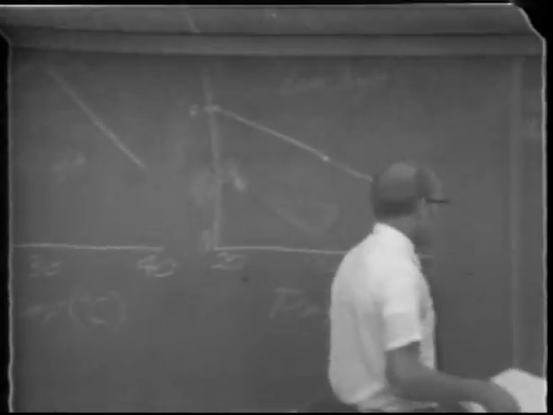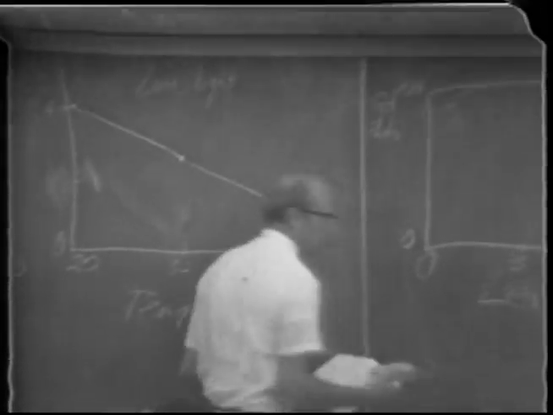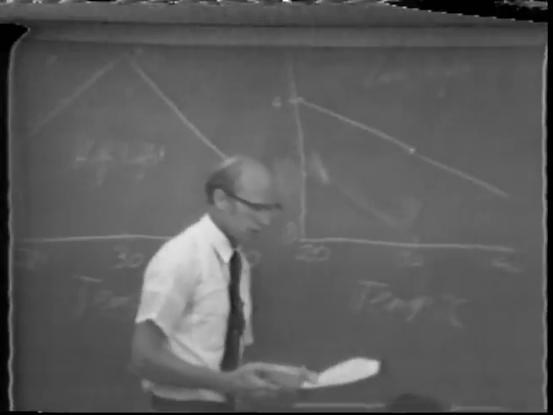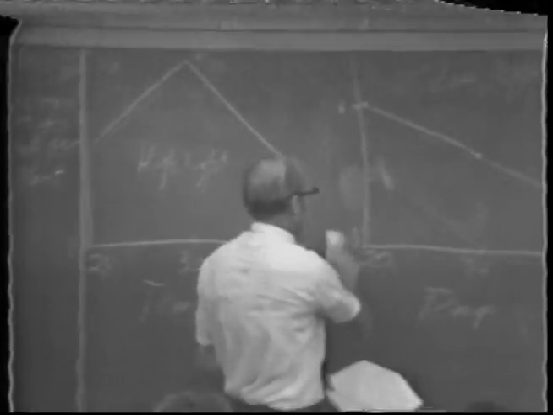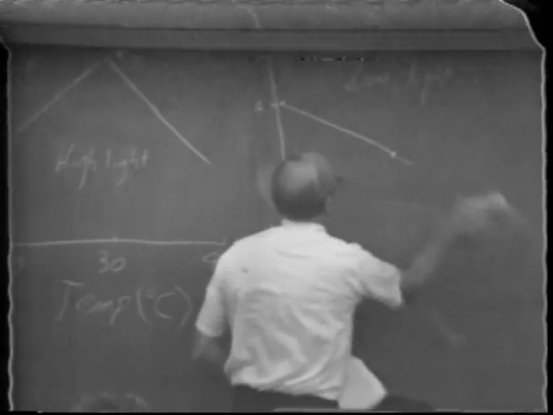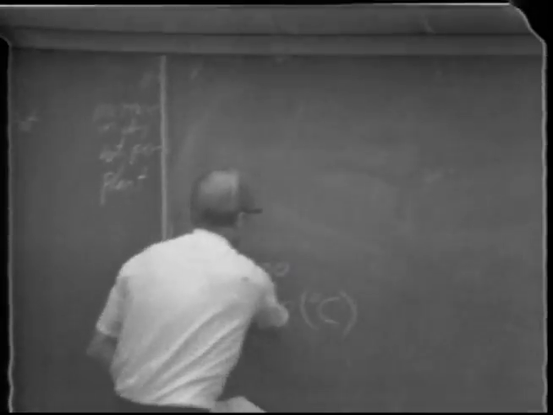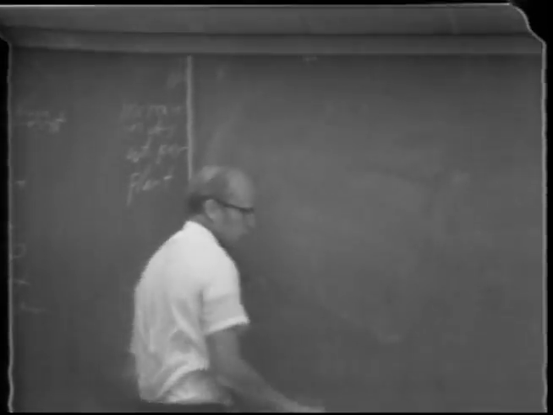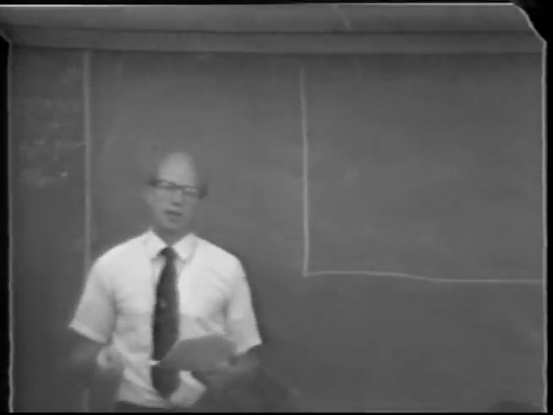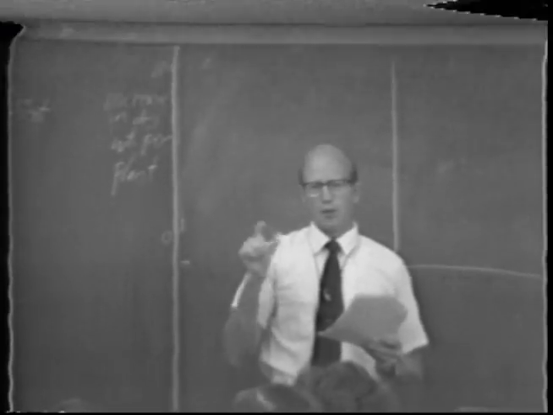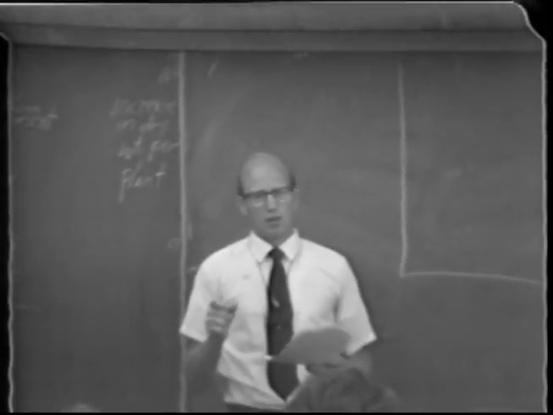Okay, let's then talk about the effect of leaf age on photosynthesis. This is on your handout that you received last time. There's a figure there in the back. In this work, again, we measured the photosynthesis with leaf age, and this is counting from the time that the leaf first began to separate from the apex.